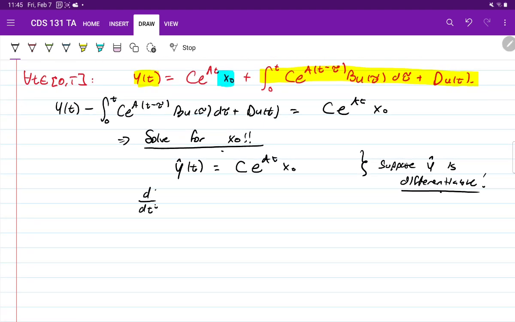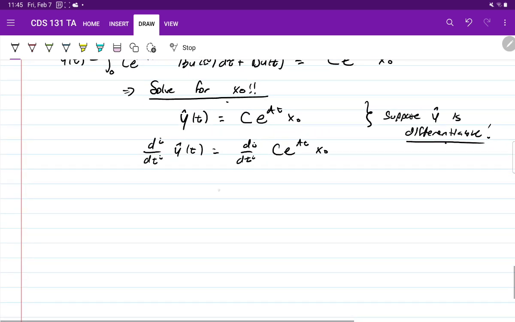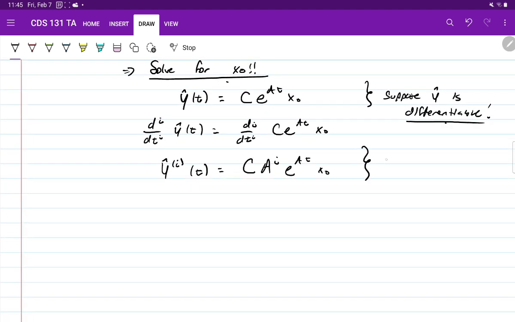If I take the ith derivative of both sides, the ith derivative of ŷ(t) equals d^i/dt^i of C e^(At) x0, and I work out this process, what I'll find is that C A^i e^(At) x0 is equal to the ith derivative of y evaluated at t. Now let's evaluate at time t equals 0.